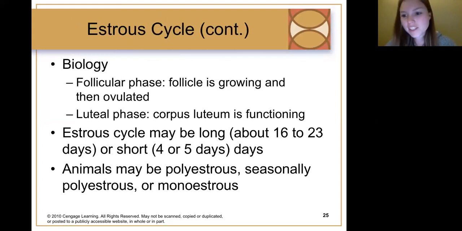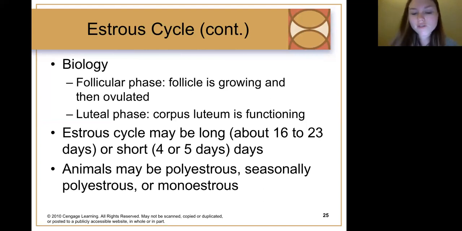But that's one of the signs of estrus. So in the estrus cycle, which we've talked a little bit about before, and I'm not going to go into the lengths or anything like that, the biology of the estrus cycle is divided into two phases. You have the follicular phase and the luteal phase. The follicular phase is when the egg is growing in that follicle, remember?